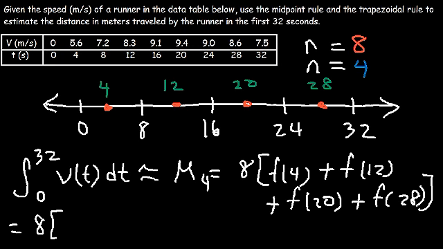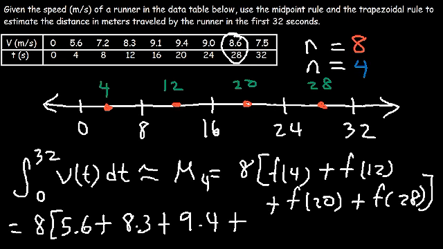So f of 4, when t is 4, v is 5.6. F of 12 is 8.3. F of 20, 9.4. And f of 28 is 8.6.